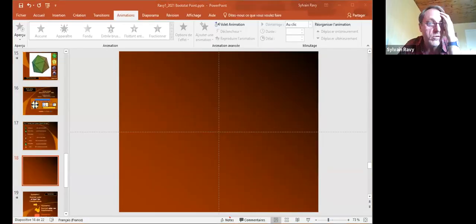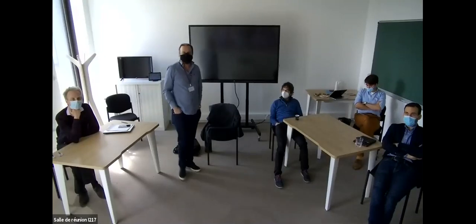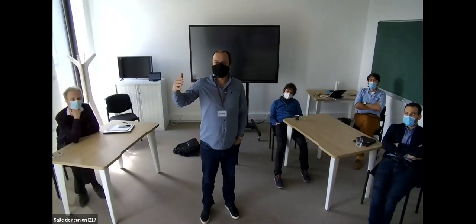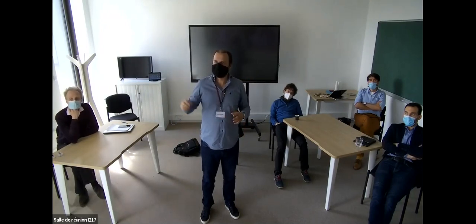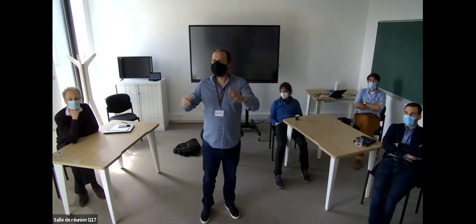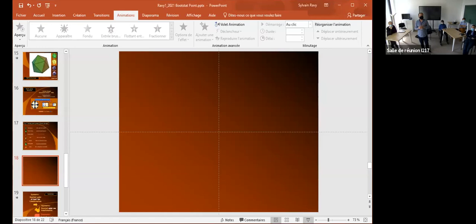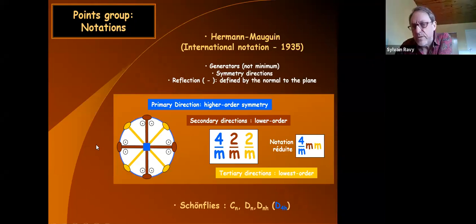Except if you have a question, I can go to the second part. Can I ask this? There is an associated, for example, occupied volume corresponding to these different group symmetries. Like if I have to locate a number of atoms, is there a symmetry that minimizes the occupied volume? I don't understand your question.